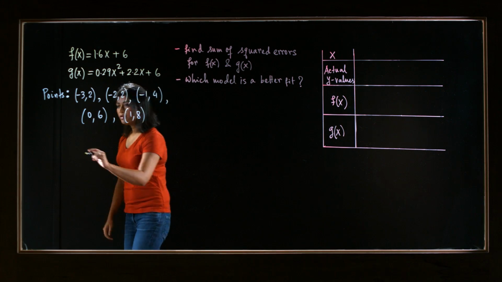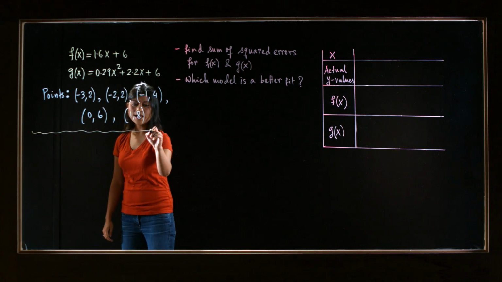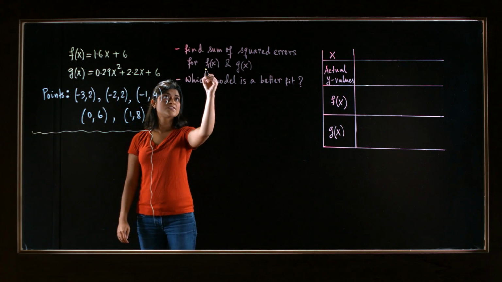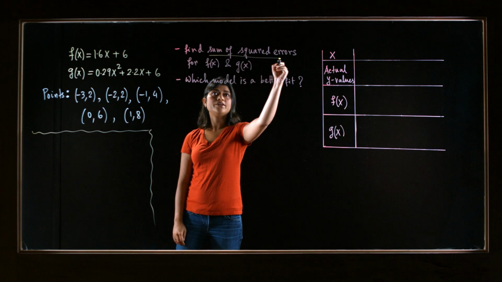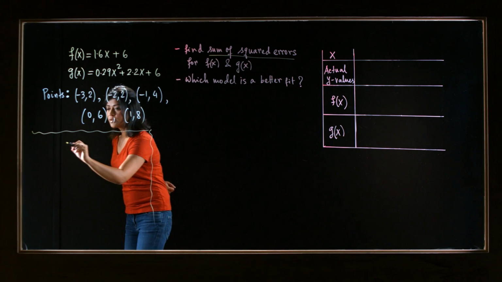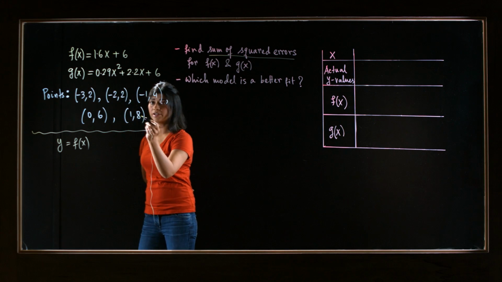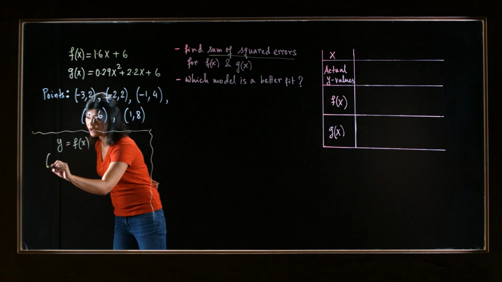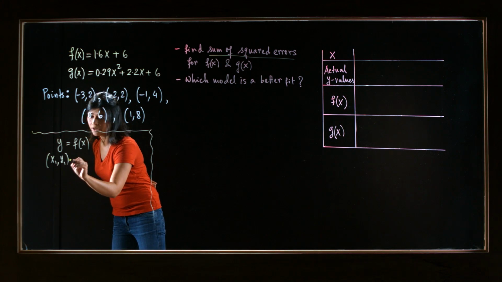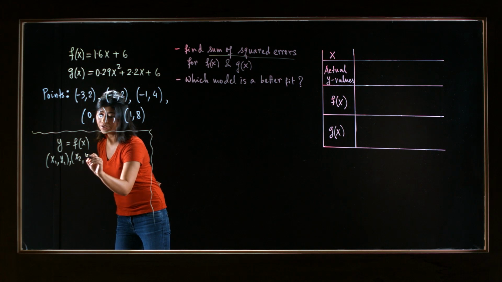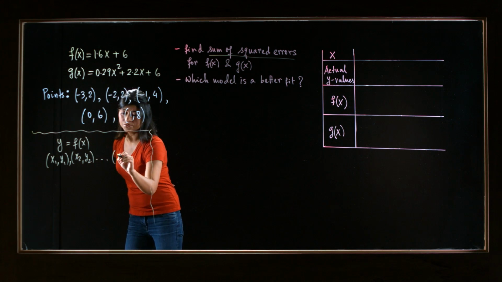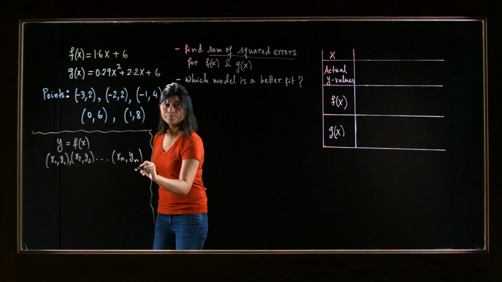Okay, so let me first remind you how to compute this sum of squared errors. Suppose you have a function f and you're given a bunch of points, and say the points are x1, y1, x2, y2 up to xn, yn.